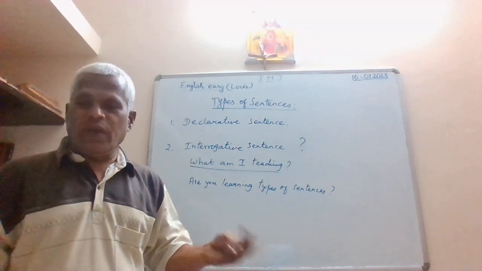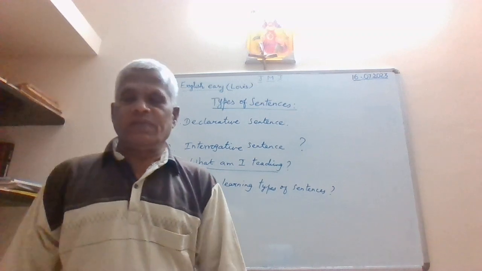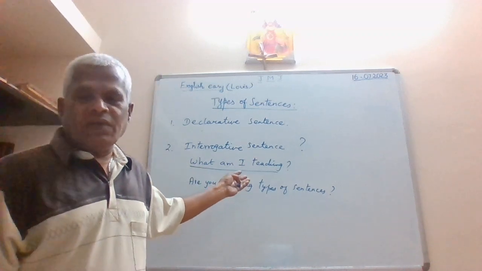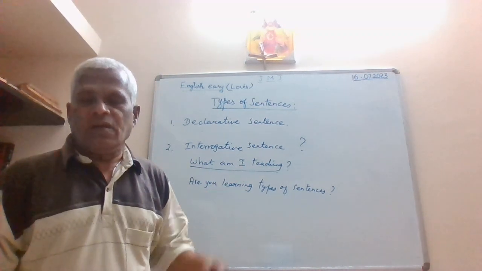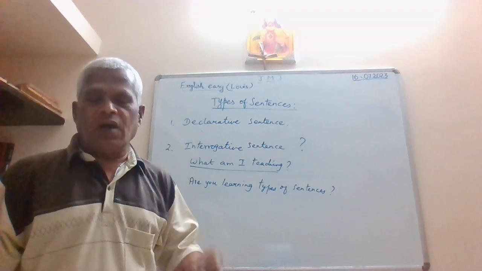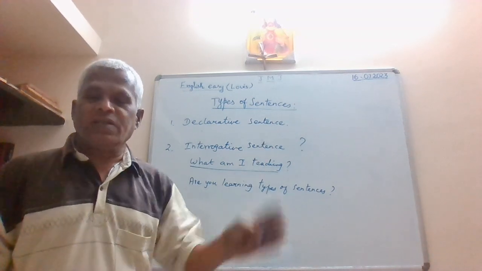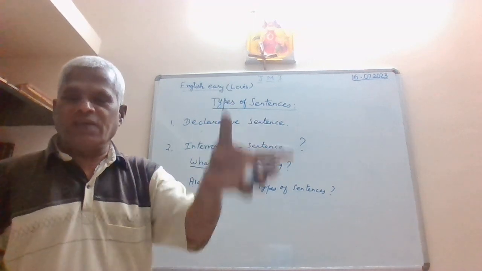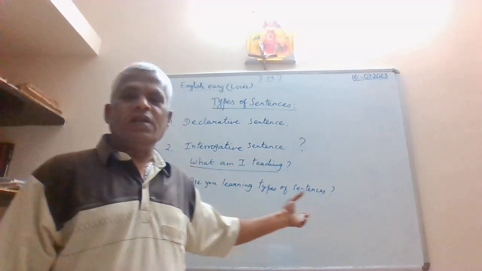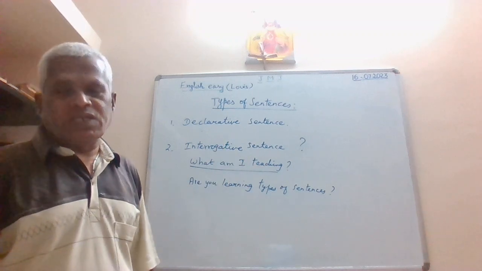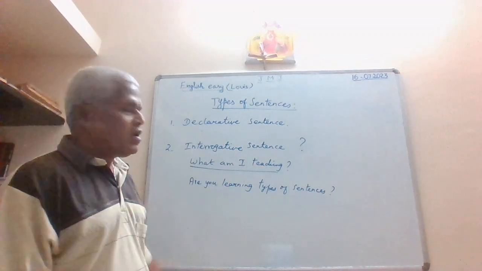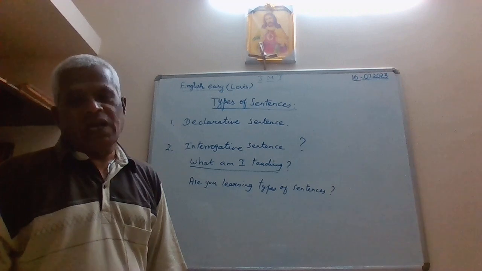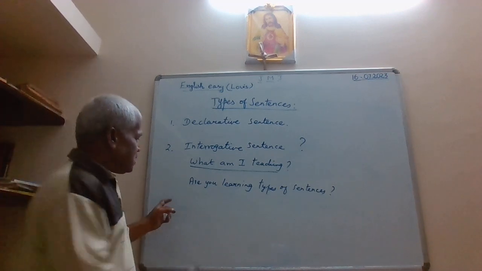What, why, where, when. Similarly, beginning with H: how many, how far, how long, how fast, how slow. Depending upon the nature of the sentences, you can think about framing your questions. So this is one type of interrogative sentence.